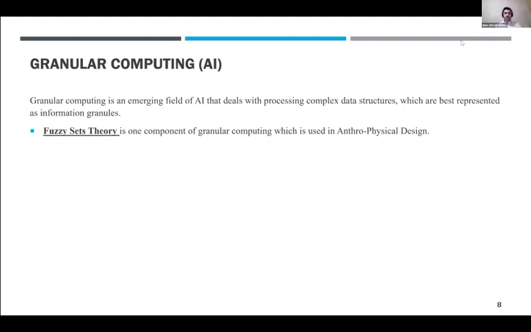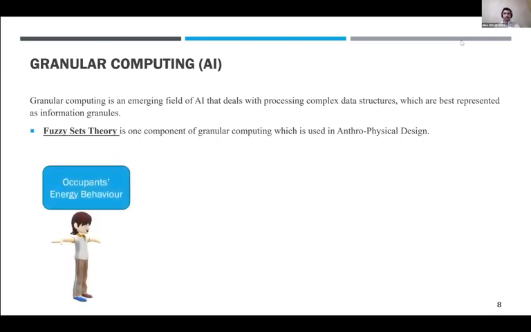It is increasing in size recently because it's now being joined by machine learning, and it deals with processing complex data structures, which are best represented as information granules rather than hard numbers. Fuzzy set theory is one component of granular computing.